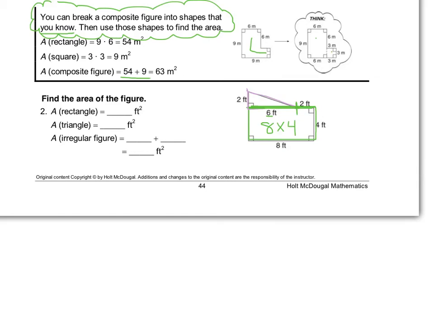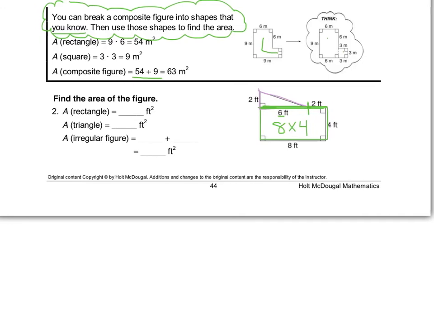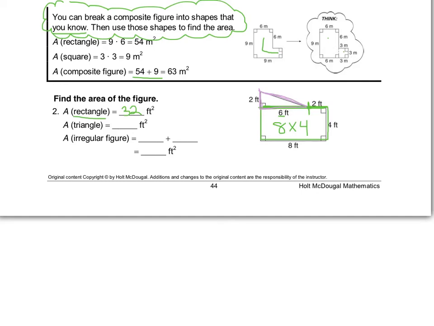Over here they have it organized for us. So the area of the rectangle is 32. Now, looking at our triangle, again, I have to focus on making sure I'm using the right dimensions. So the triangle is half the base times the height. A lot of people forget that half.